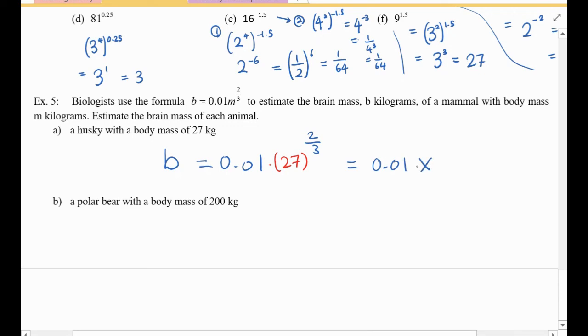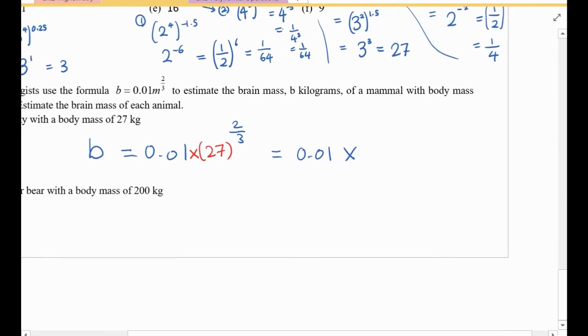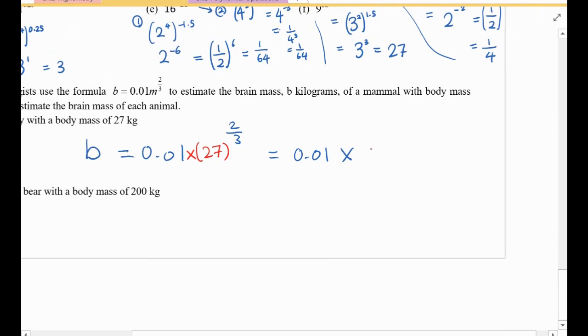And that becomes 0.01 times, so you always need to remember multiplication is hiding here. 27 is 3 to the power of 3, to the power of 2/3, right? Then that is 0.01 times 3/1 times 2/3.